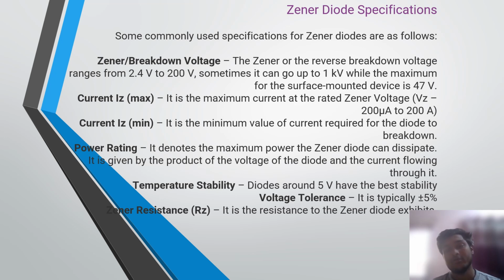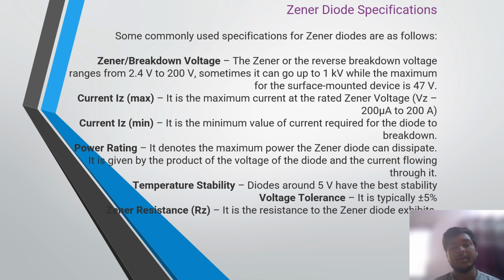Minimum current: the minimum value of current required for the diode to break down. Power rating: the maximum power the diode can dissipate, given by the product of the voltage of the diode and the current flowing through it.